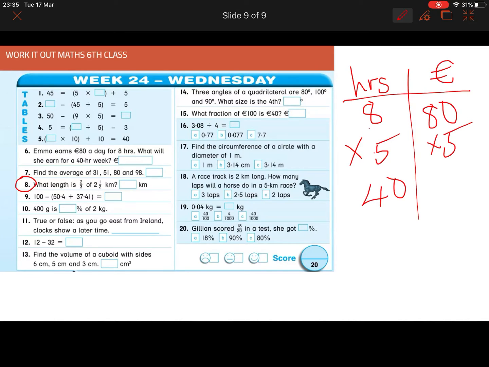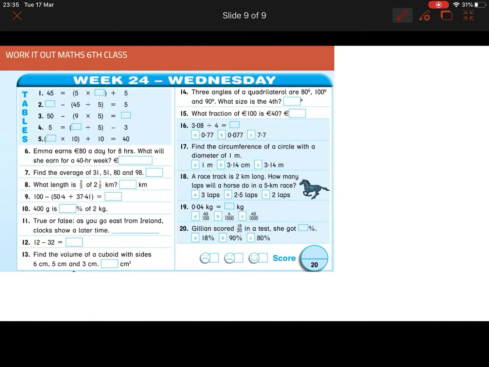Now, number 8 can be a bit tricky because there's lots of different types of fractions in there. Basically, we're looking for 2/3 of 2.5. Still going to be a bit tricky, isn't it? Because 3 doesn't go into the 15 or into 2.5. So we can't do it that way. So we're going to have to do the fraction way. We'll have to put this into a top-heavy fraction.